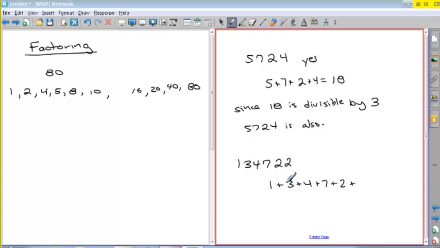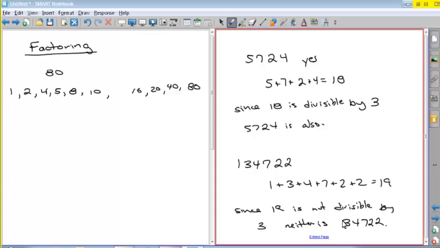If you add these together, if I did my math right, that's 4, 8, 15, 19. Since 19 is not divisible by 3, neither is 134,722.